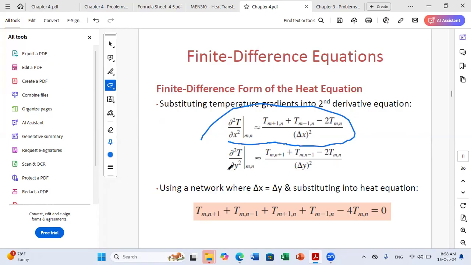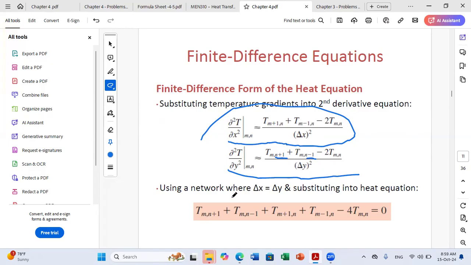And the same for the second derivative with respect to y, but as we said, now we vary the index of the row. So T m n plus 1 plus T m n minus 1 minus 2 T m n, over delta y squared.